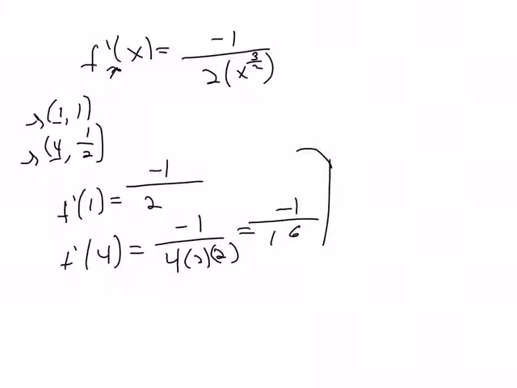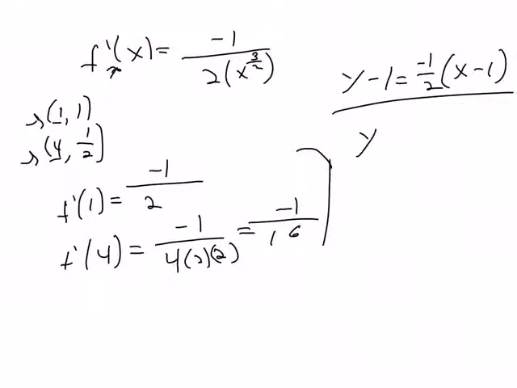So now when finding the lines, we're going to take y minus 1 is equal to negative a half of x minus 1, and y minus a half is equal to negative 1 over 16 times x minus 4. I'm not going to actually solve for these, but when we solve, we're going to get the lines. Next problem.